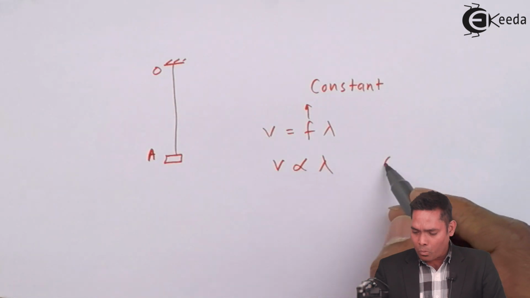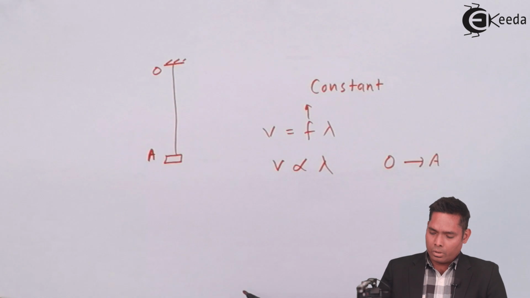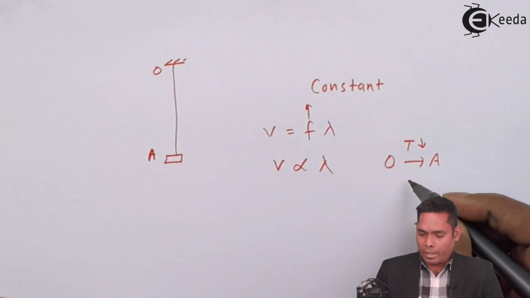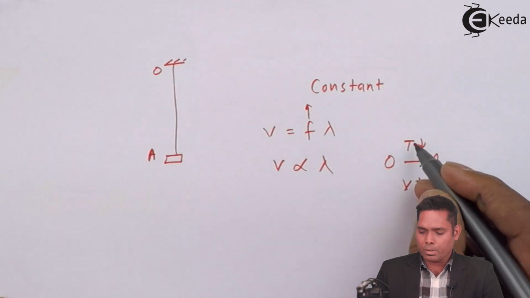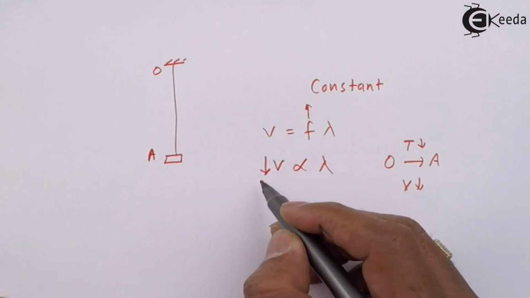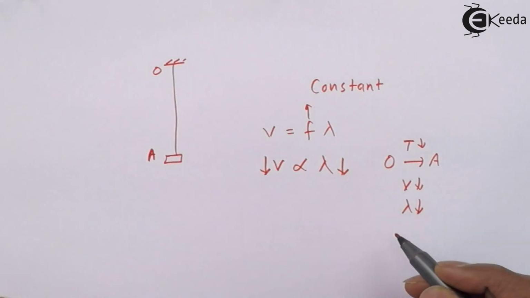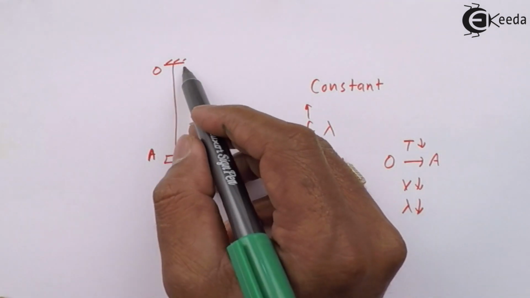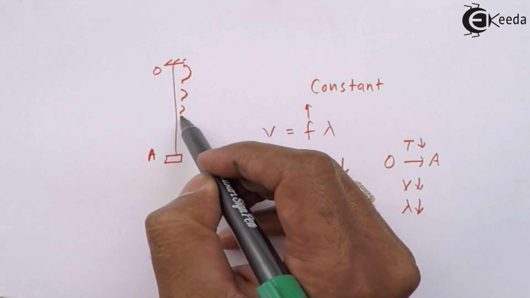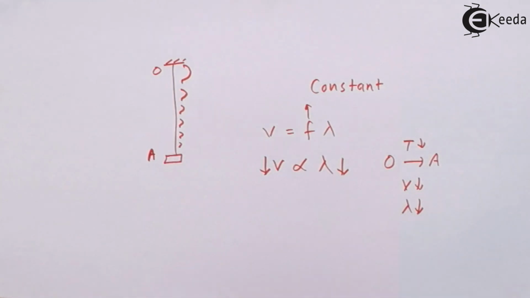And we know that from O to A the tension decreases, and V also will decrease because V is proportional to the square root of tension. If V decreases, then wavelength will decrease, so lambda will decrease.